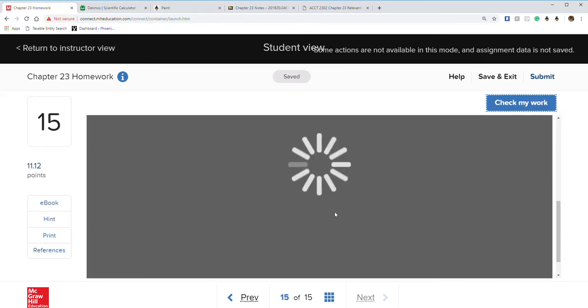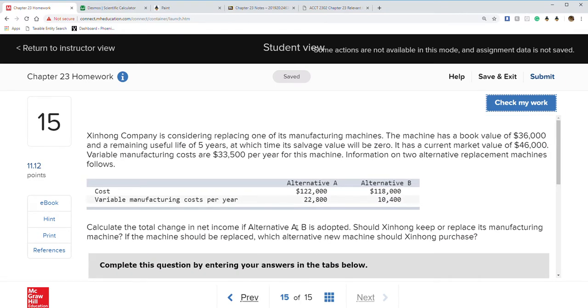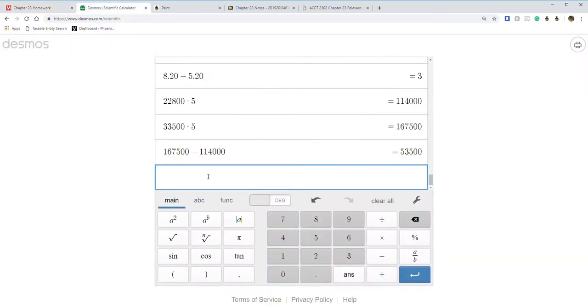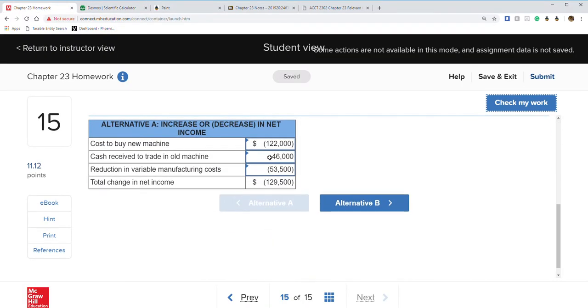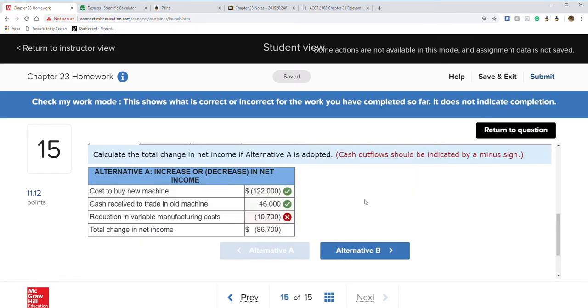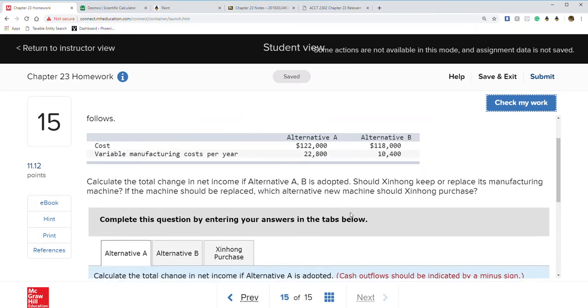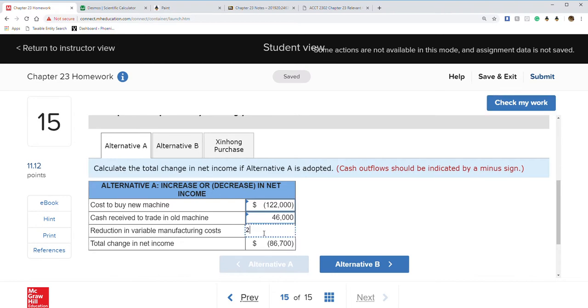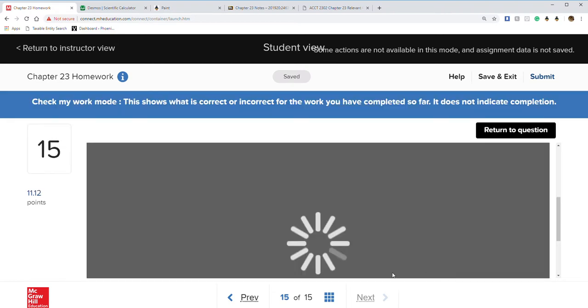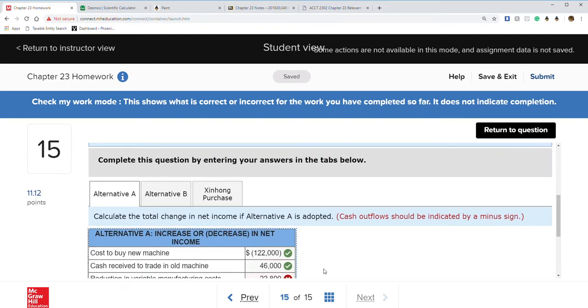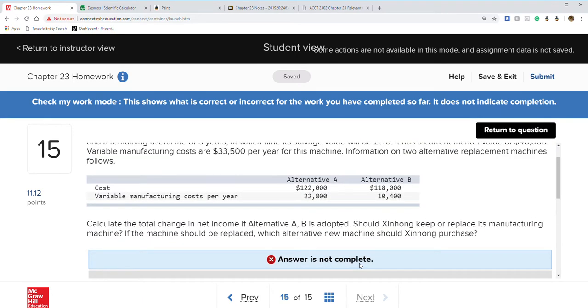Nope, didn't like that. So let's see, 33,500 minus 22,800. It's not liking those. Question is, what is it wanting? Does it want the 22,800? Doesn't want that either. This is confusing. What is Connect asking for in this question for that variable cost?